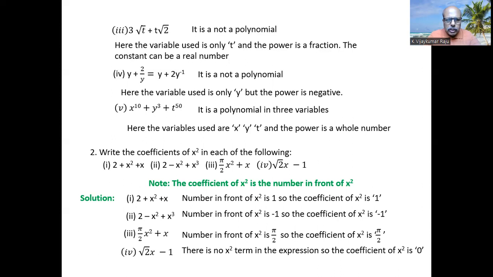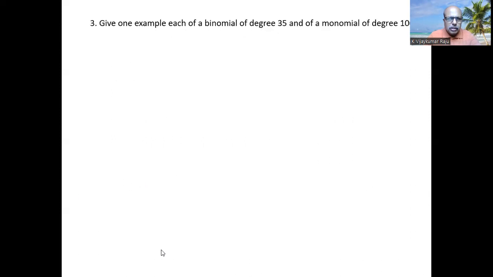There is no x square term in this expression, so the coefficient of x square is 0. Clear? So that's how you decide: if the x square term itself is not there, then you simply write coefficient is 0. Next question.